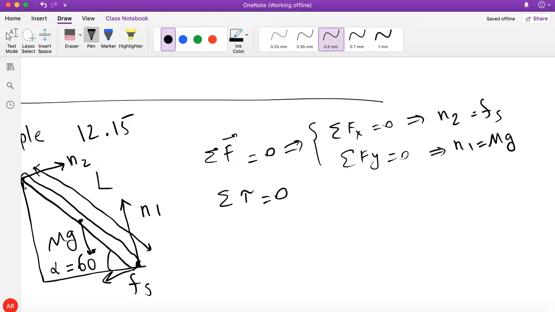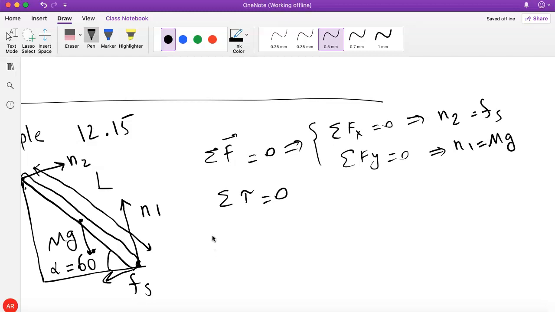Again, you're going to solve the problem correctly if you write it around any other point. You can write it around the contact with the wall, so only N2 disappears. You can write it around this point where mg disappears. If you really want to take the long way, you can write it around some arbitrary point in the plane. But that makes the calculations lengthier unnecessarily. So let's write the most convenient equation for us.